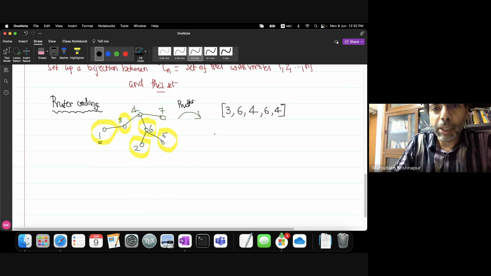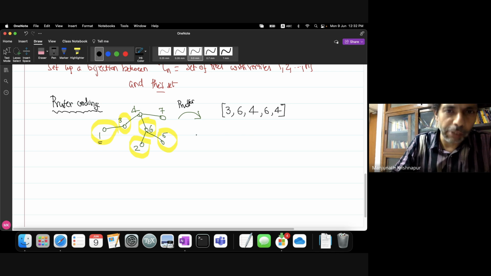The claim is you can go back. If you know this proof for code and you know the algorithm, you can go back. For example, you can tell which are the original leaves, because they don't appear here. For example, 1, 2, 5 and 7 don't appear here, so they must have been leaves in the original.